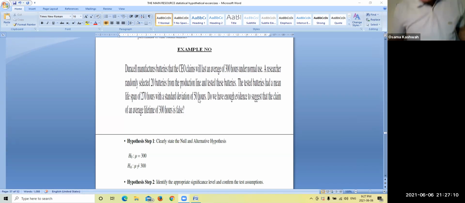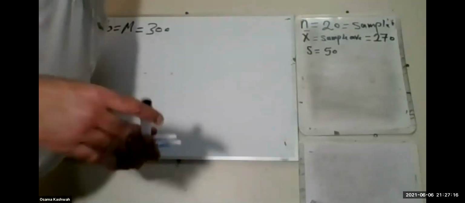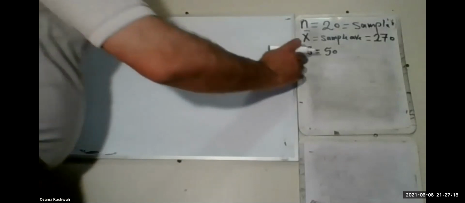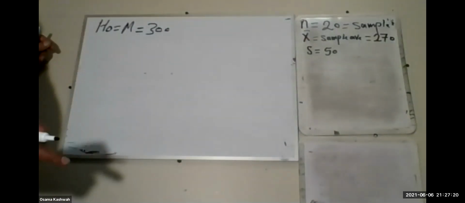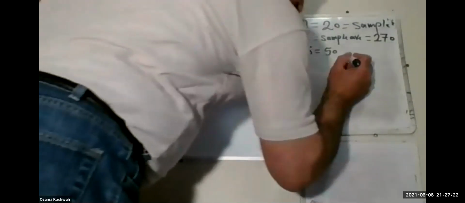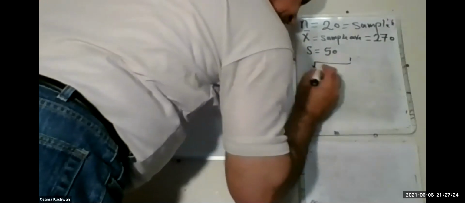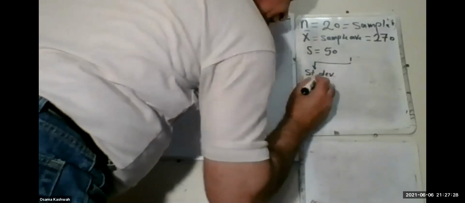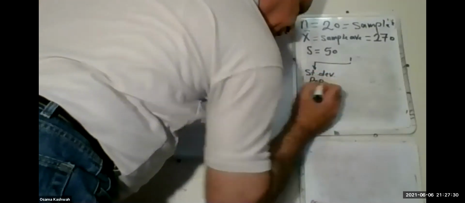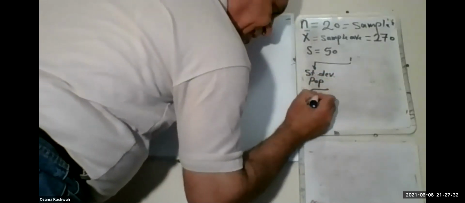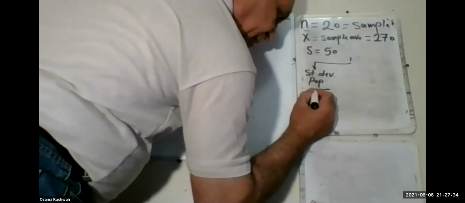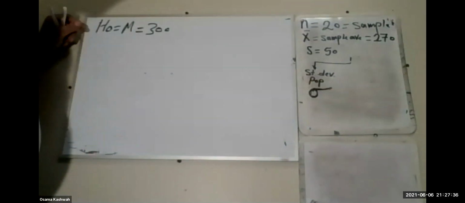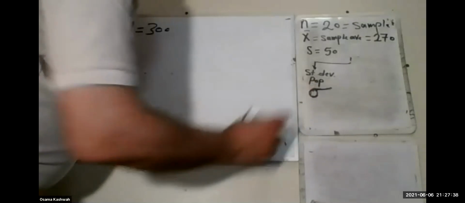Let me remind you of something very small that we talked about before. The standard deviation of the population, we write it with this symbol, sigma.